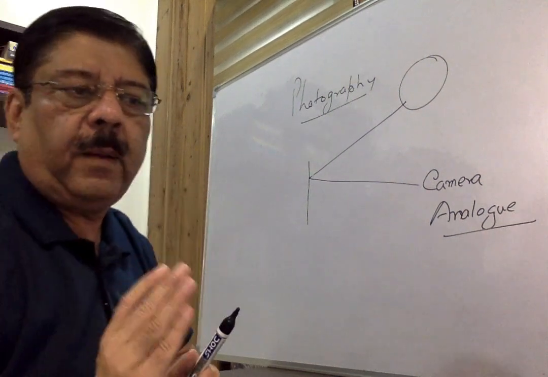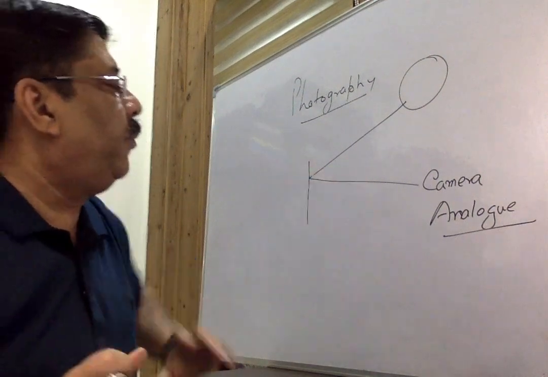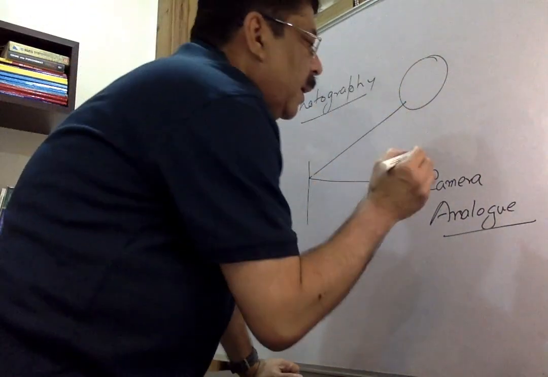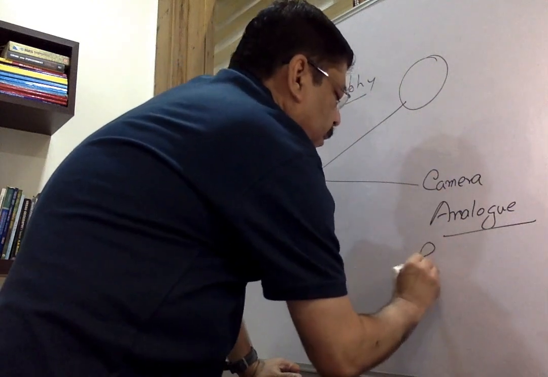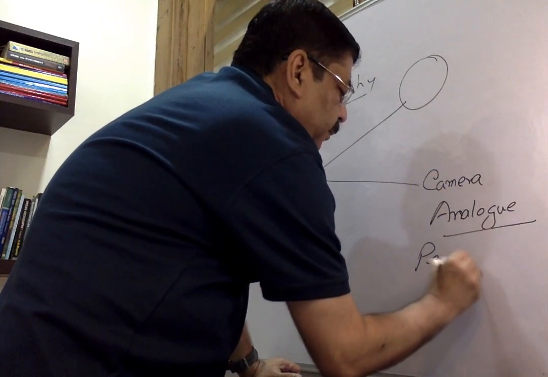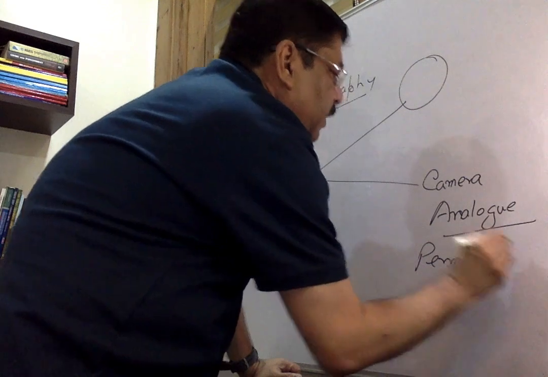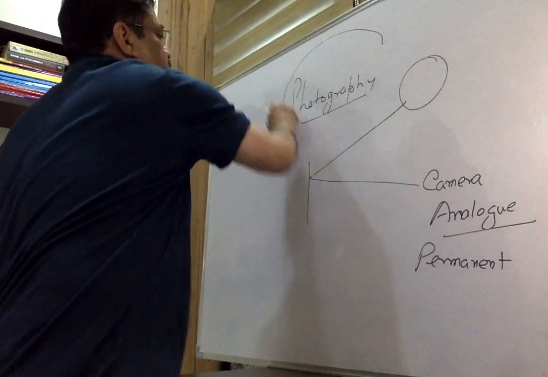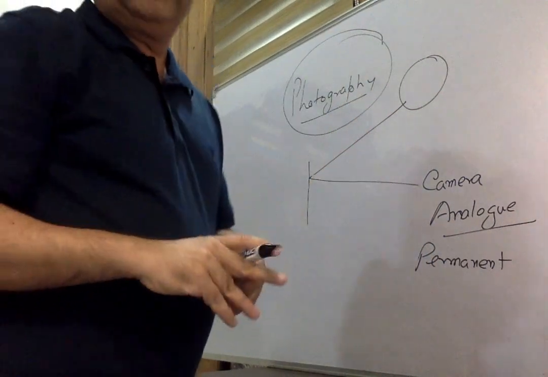In an analog camera I am talking about. So there will be a permanent record of the image. That is called photography.